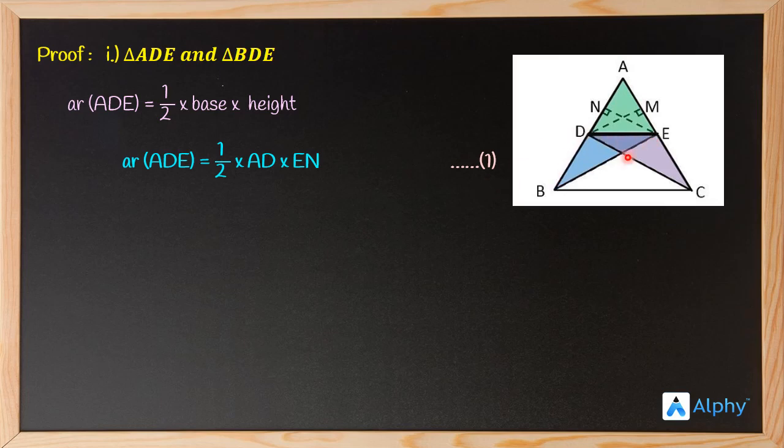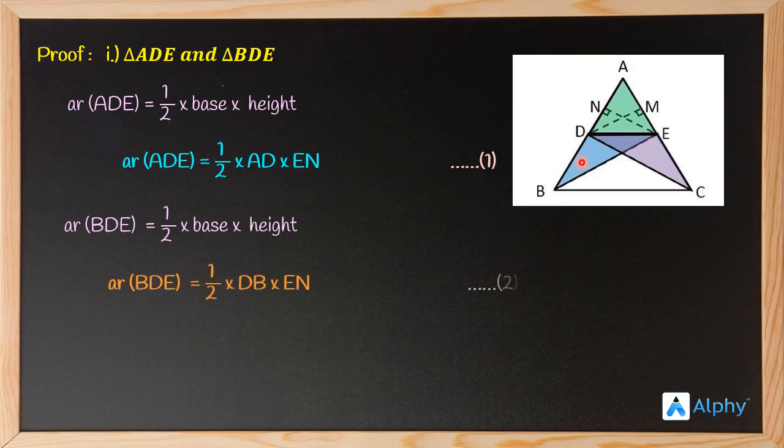Similarly, for the triangle BDE, the area would be half into base into height. Its base is DB and its height would be the perpendicular, which is EN. Hence the area of BDE is given by half into DB into EN, and we mark this equation as equation number 2.